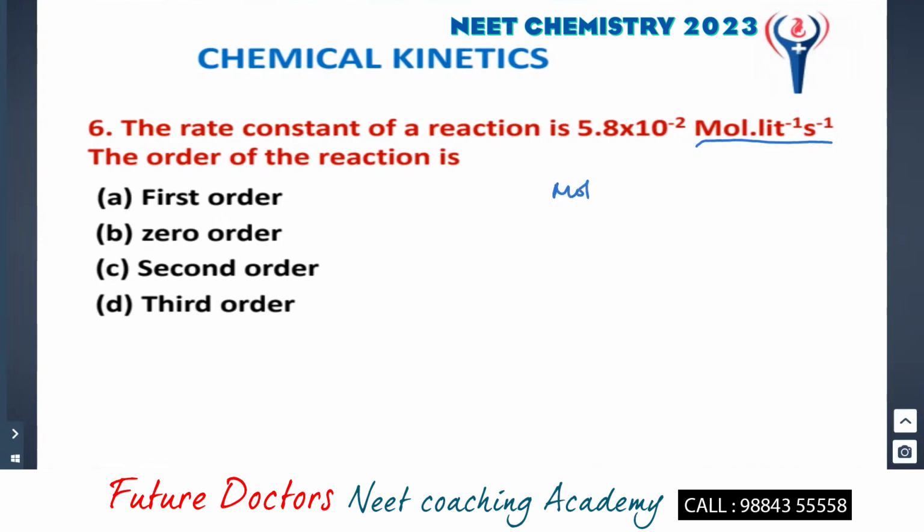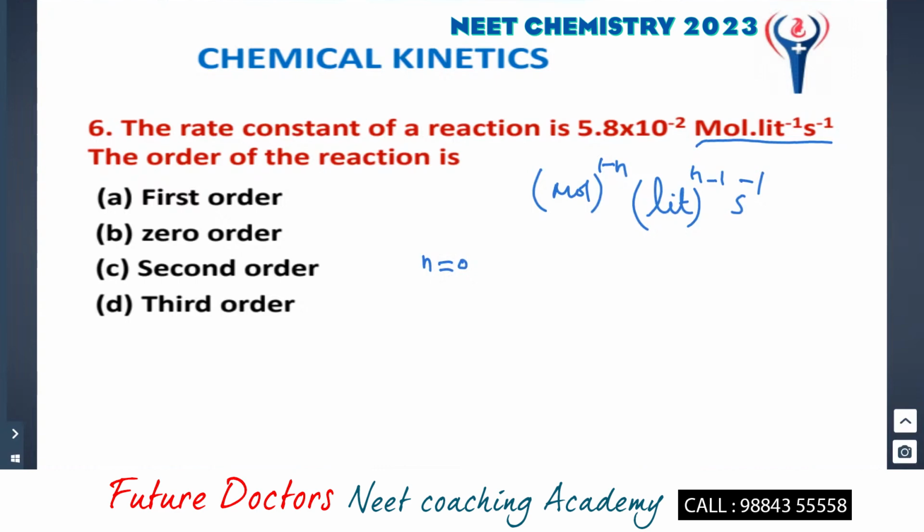The unit is mole to the power 1 minus n, liter to the power n minus 1, per second. So you substitute. Suppose you put n is equal to 0, then only we get this unit.